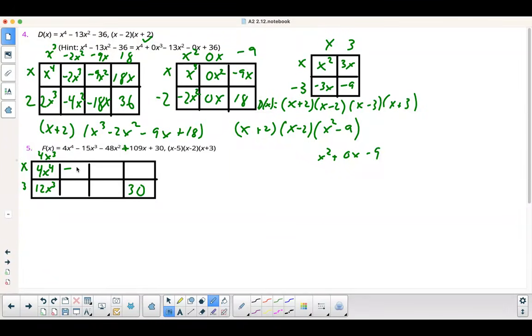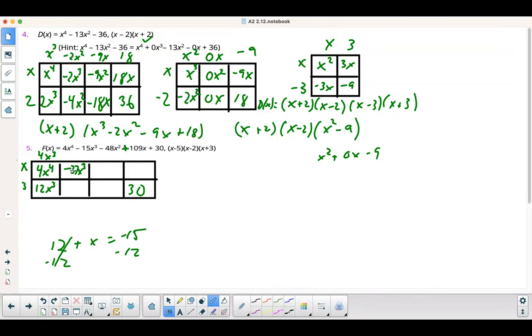Hang on here. If I can't figure it out, 12 plus x equals negative 15. You can just kind of make a little equation with what you're thinking. Oh, it's negative 27. I would have had trouble with that. You might have too.